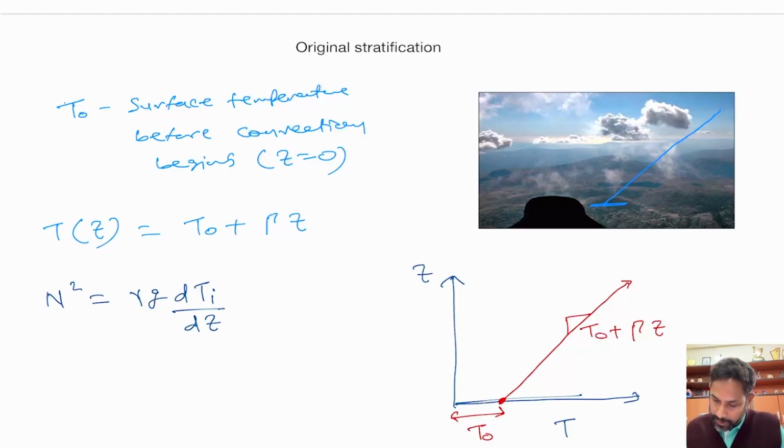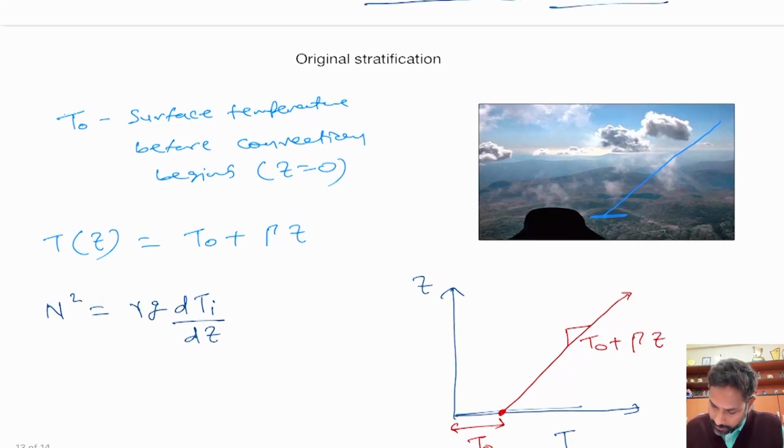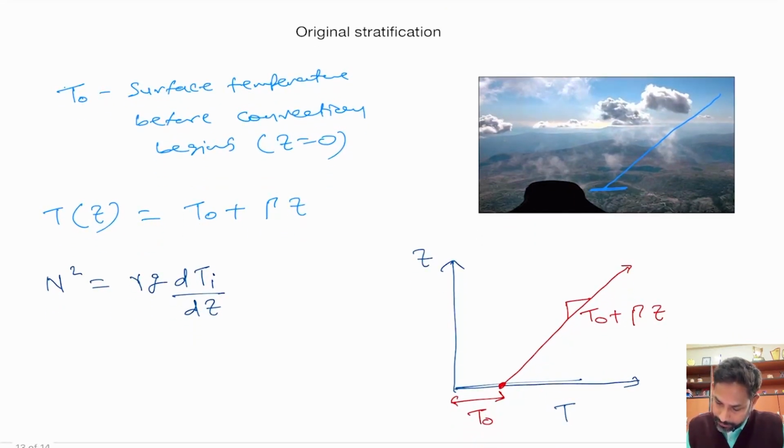Okay, where dTi is the temperature before convection begins, and this can be simply written as gamma. Okay, where gamma here is dTi over dz.